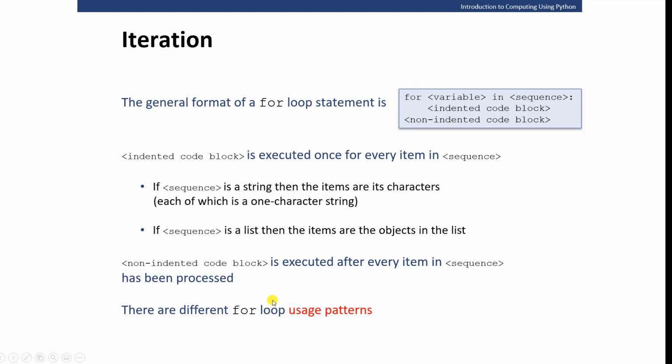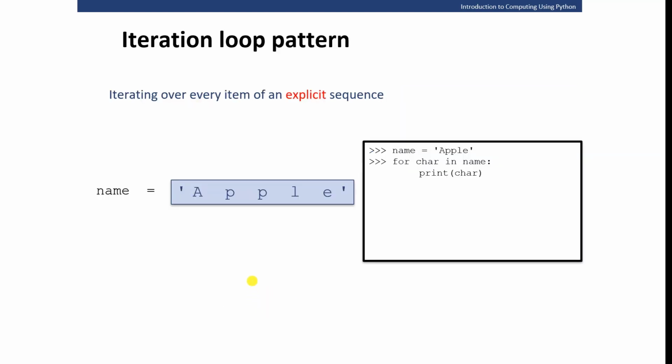So the for loop and loops in general have many uses in programming, and there are different ways to use loops in Python. So let's cover those usage patterns. The straightforward iteration pattern is to iterate explicitly over a sequence.